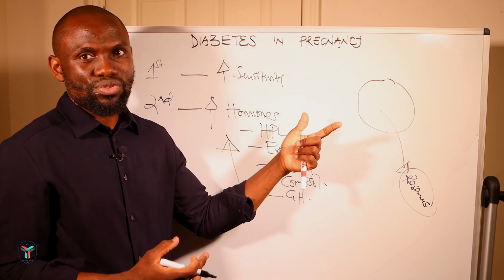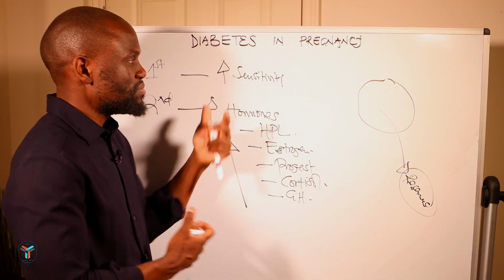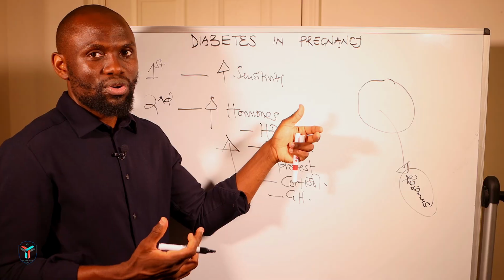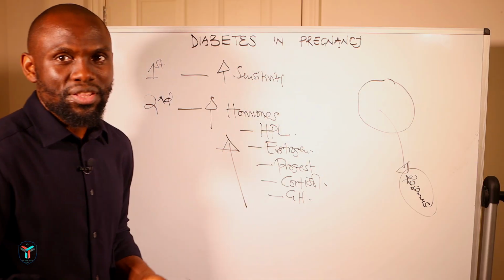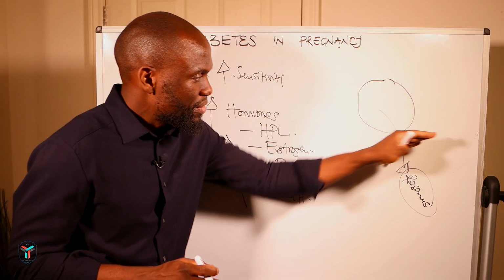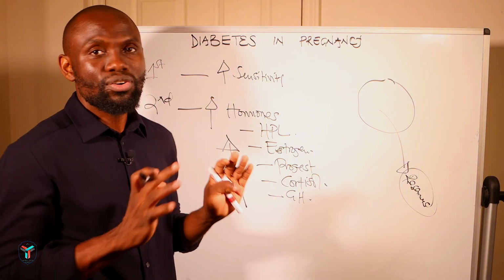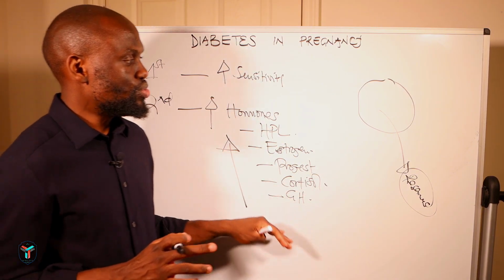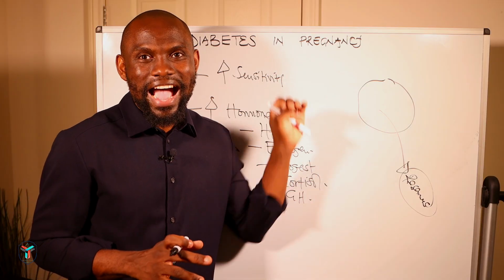Have we talked about exercise to increase metabolism? And if that is not well controlled, then we would be talking about drugs. And if the oral drugs are not functioning, then we will look at insulin administration.